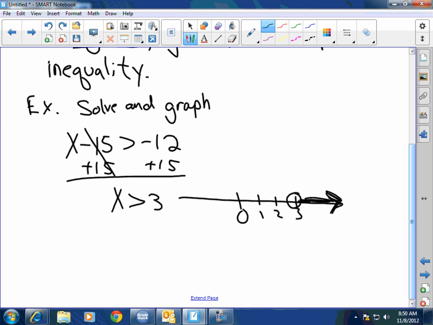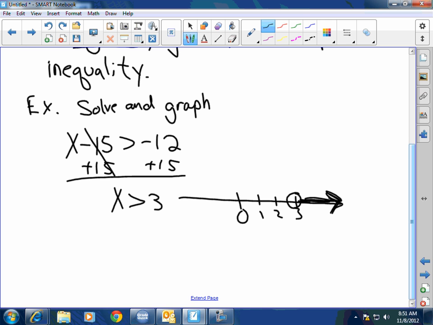How awesome that is? If you know how to solve equations, this is a joke. If you know how to add and subtract and multiply and divide integers, fractions, and decimals, this is almost exactly like chapter 2, except with the little inequality sign, and you got to do a graph. Does that make sense, my brothers? Pretty simple, right?